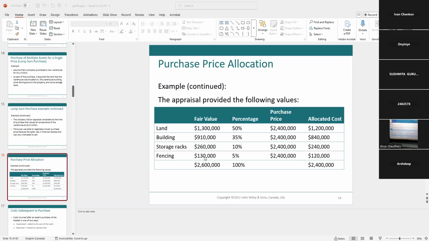I want to know that you can allocate the cost that you pay for the assets with fair value more than the cost, and you can allocate the cost for every single asset. So again, you're going to pay less for something that's worth more. And I want you to assign the cost for every single asset.